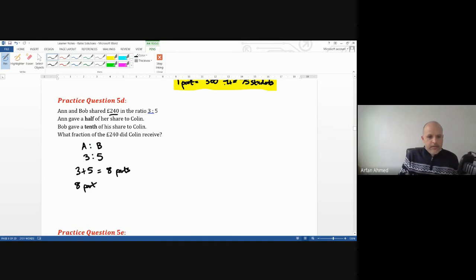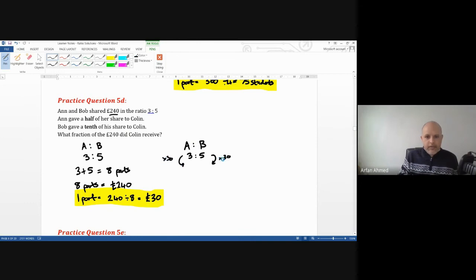8 parts equals £240. So 1 part, 240 divided by 8, which is £30. Yep, there's a crucial bit. Let me just rewrite the ratio here, 3 to 5.